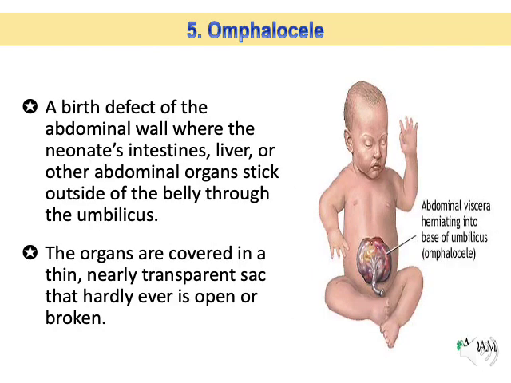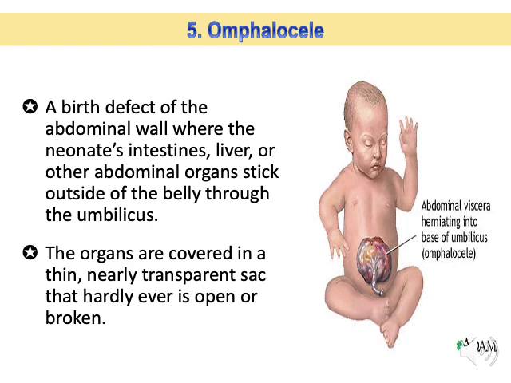Omphalocele is a birth defect of the abdominal wall where the neonate's intestines, liver, or other abdominal organs stick outside of the belly through the umbilicus. Usually, it's the intestines that protrude. This occurs as a result of problems in the GI tract development during intrauterine life.